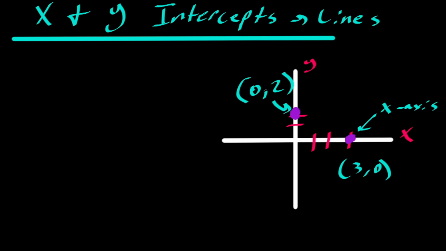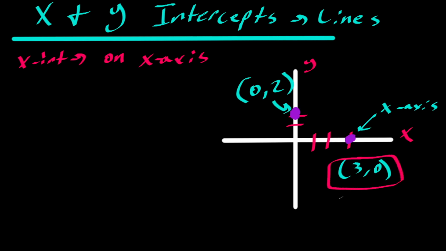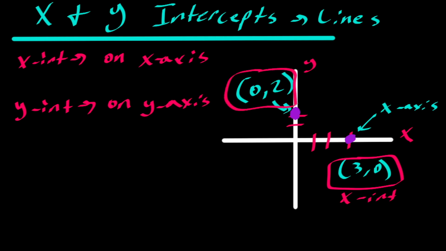Just to get a general understanding, an x-intercept is on the x-axis, so the x-intercept here would be (3, 0). Now the y-intercept, same exact thing, except now it's on the y-axis. So here 0, 2 is the y-intercept.